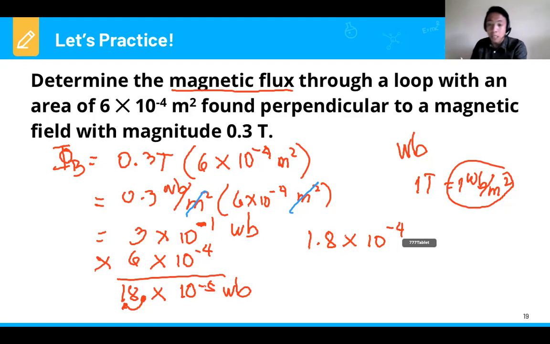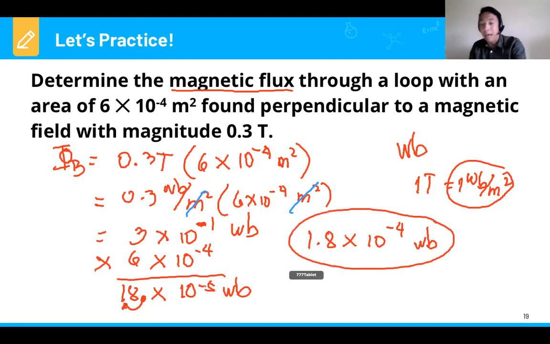It's because we need to add 1. If we go this way, that is plus; if we go the other way, that is minus. So negative 5 plus 1 is negative 4 Weber. This will be our final answer for the first problem.